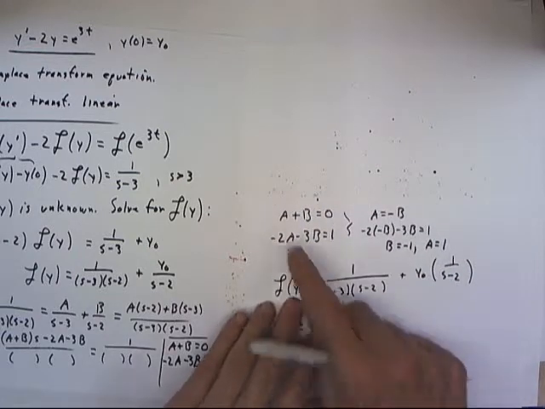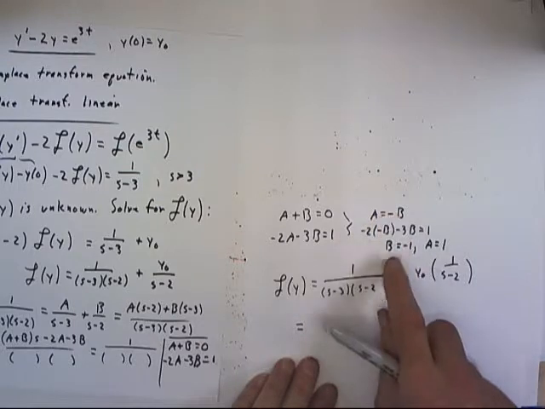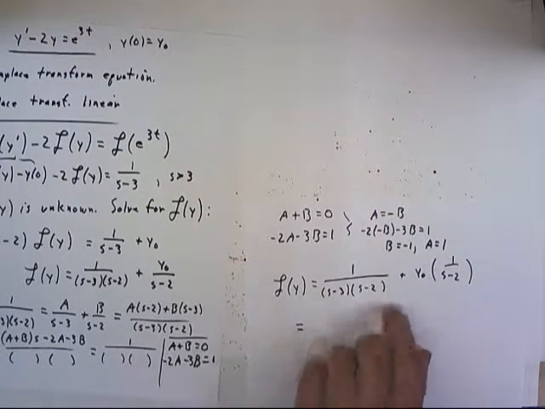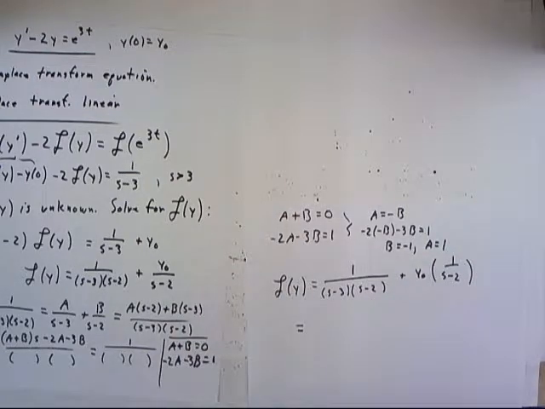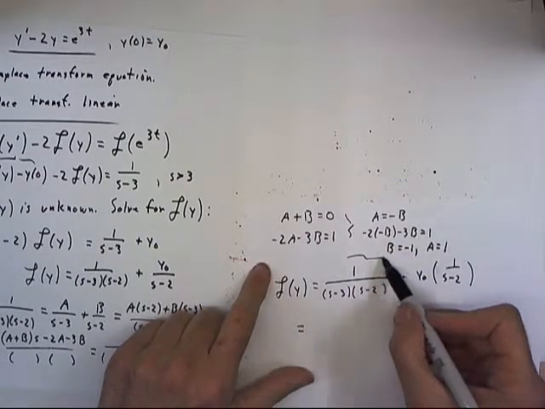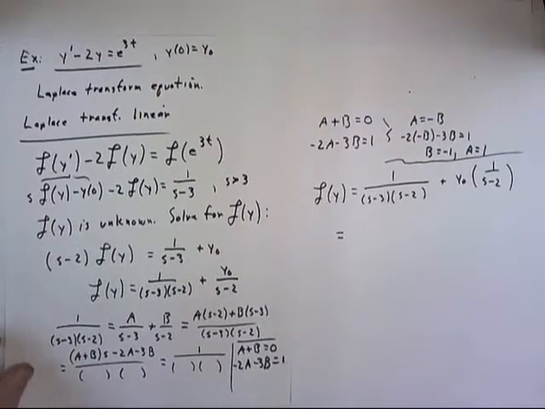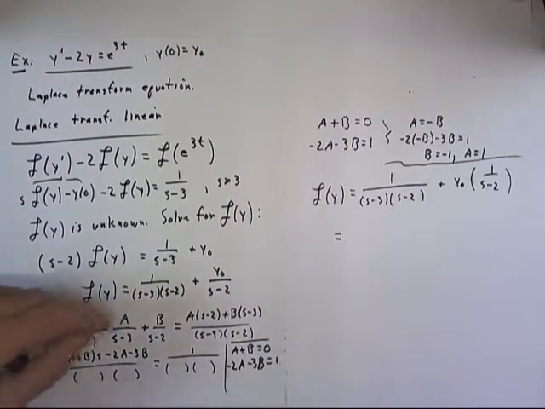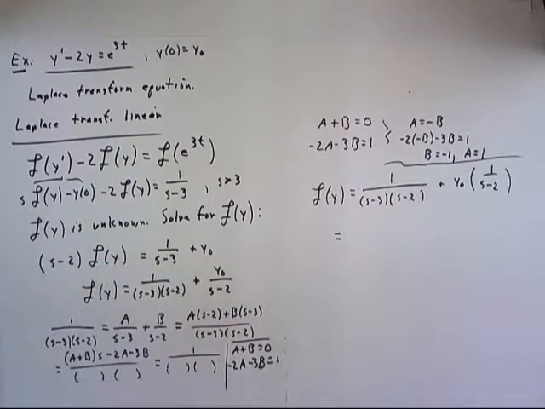Our system of equations is just a plus b equals 0, negative 2a minus 3b equals 1, and I'm not going to point out the details of the solution. If b is negative 1 and a is 1, these two equations are both satisfied, and certainly you know how to do this. Now, what does this tell us? Remember that what we've done is partial fractions decomposition of the expression 1 over s minus 3 times s minus 2 from the Laplace transform of y.